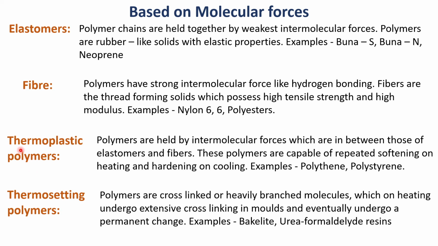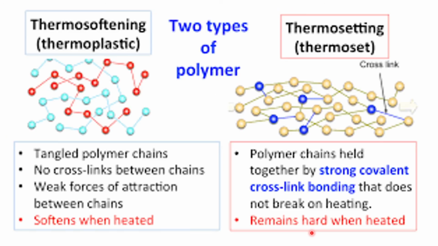In thermoplastics, the changes were temporary, they were convertible. But in thermosetting polymers, the changes will be permanent because of the heating. Examples include bakelite, urea formaldehyde resins, etc.